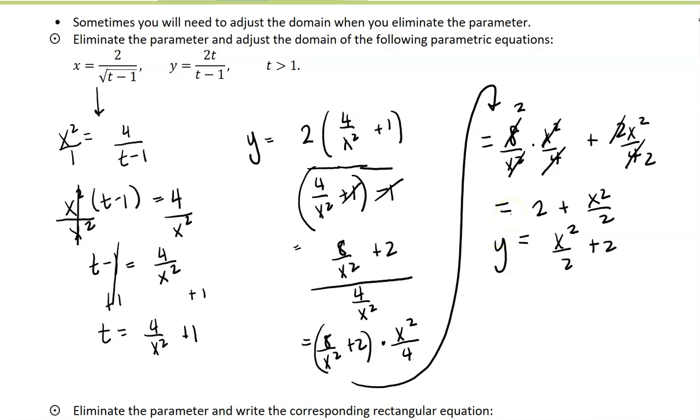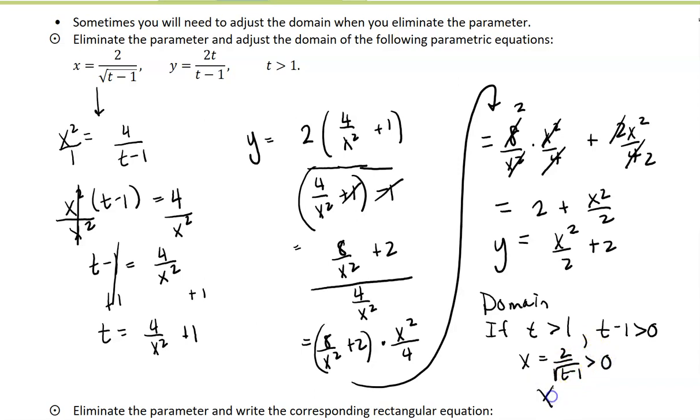Now to adjust the domain. If t is greater than 1, then that means that t minus 1 is greater than 0. And we know that x, which is 2 over the square root of t minus 1, because this whole denominator can't be negative anyway, has to be greater than 0.